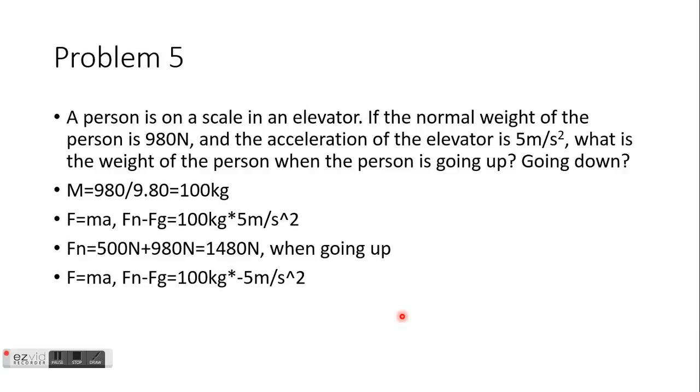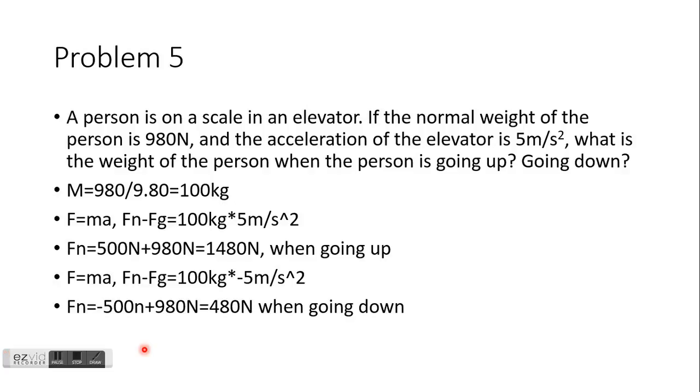Okay, so solving for going downwards, we'd say the same thing, except now the acceleration is negative 5 meters per second squared, so you get negative 500 plus 980 newtons, and so the weight is now 480 newtons when going down. That makes sense because when you're going upwards, you're overcoming the entire force of gravity and then some more, so it makes sense that you weigh more.